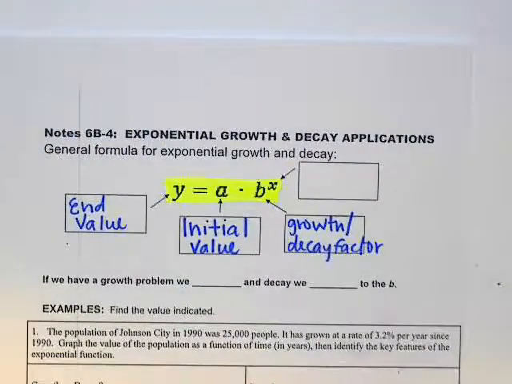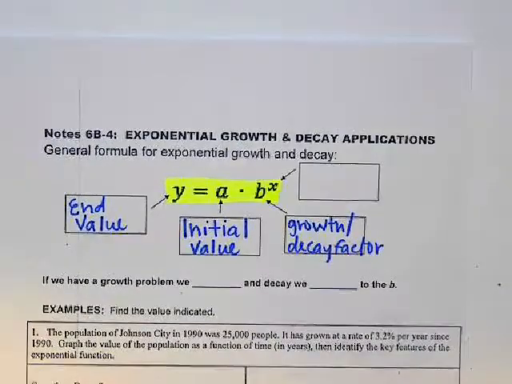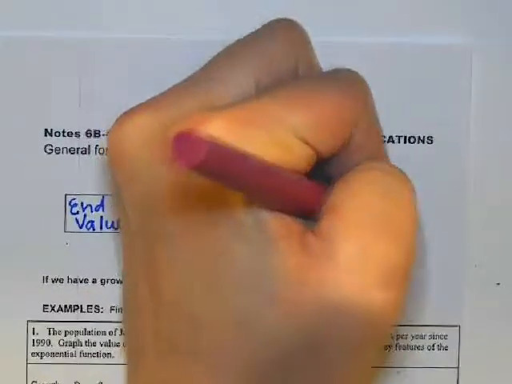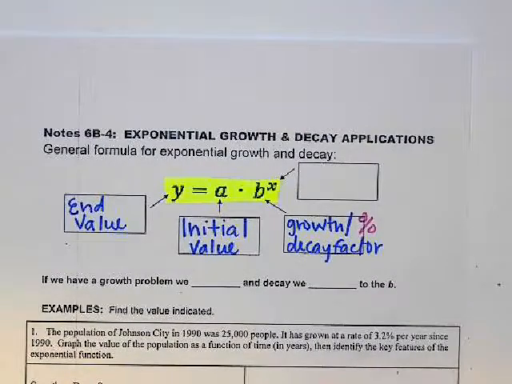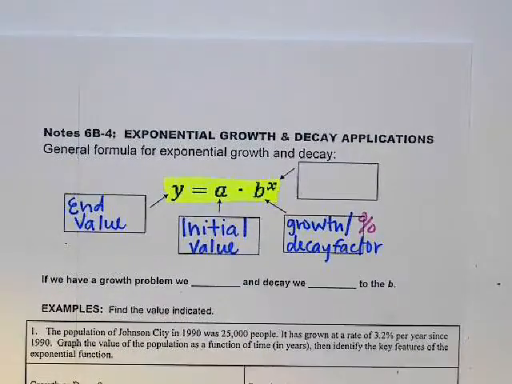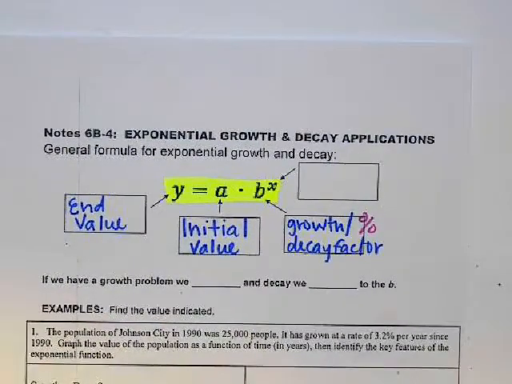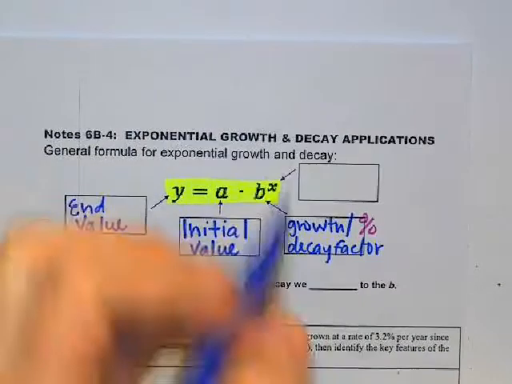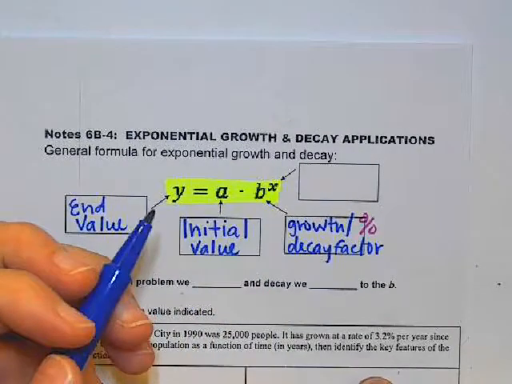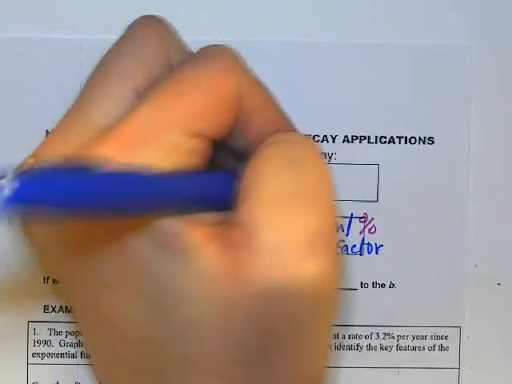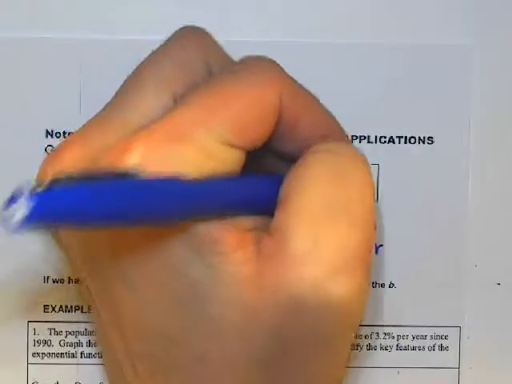And then I want you to put a percent sign somewhere right here. So these word problems today are going to give you a percent. That percent is always going to be where that B goes. Your X number is going to stand for time.